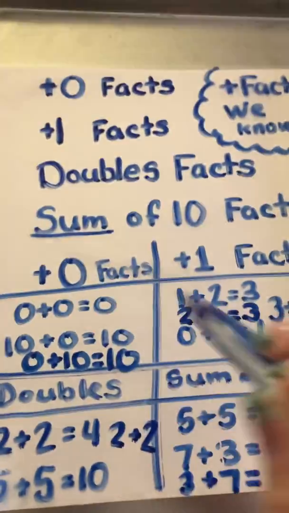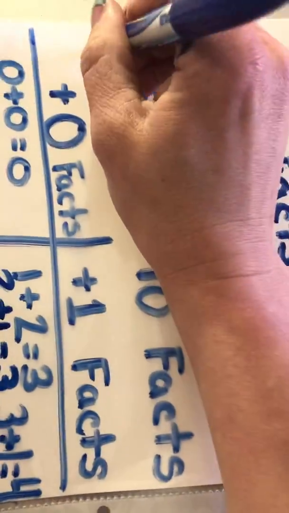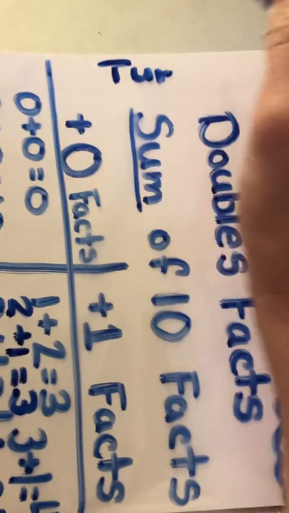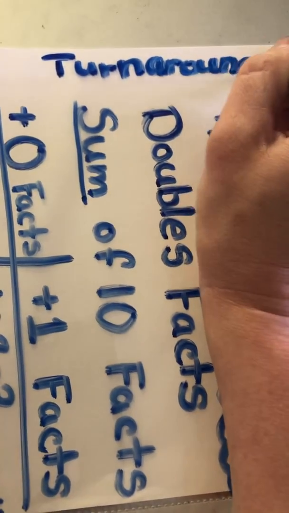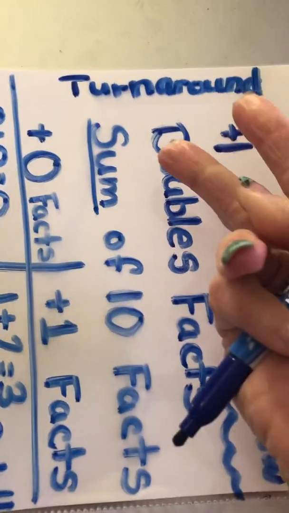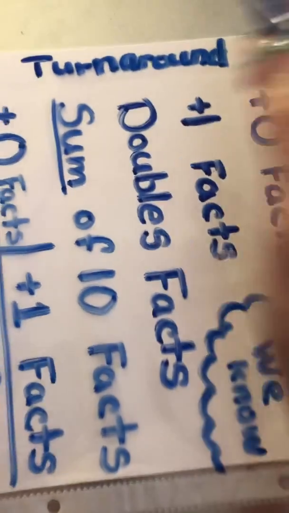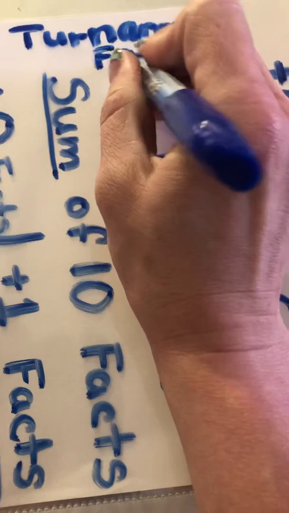The only one I did not write up here, but I talked about, are your turnaround facts, where you just flip-flop the numbers, but the sum does not change.